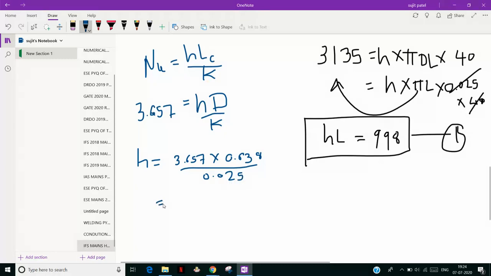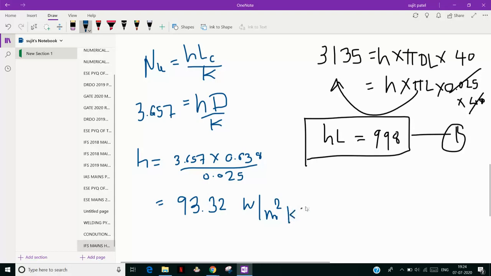Be careful, guys, with units, because your answer will depend on units, as well as your calculation. Once you make a mistake in units, your whole calculation will be wrong even though you did it correctly. So here we have h equal to 93.32 watt per meter square Kelvin.